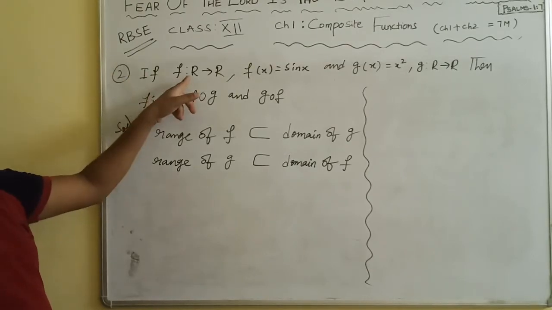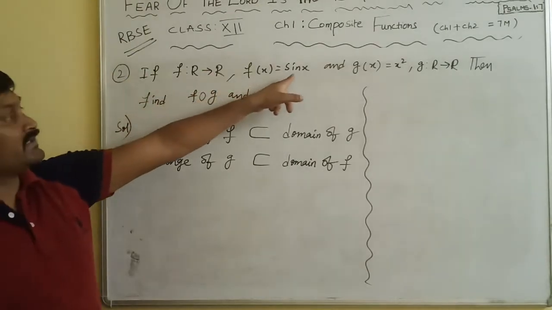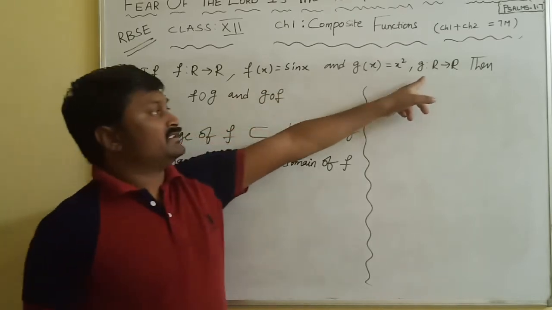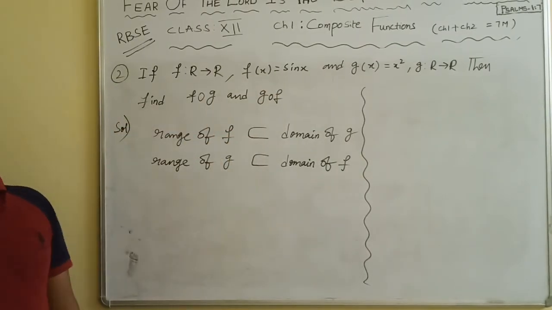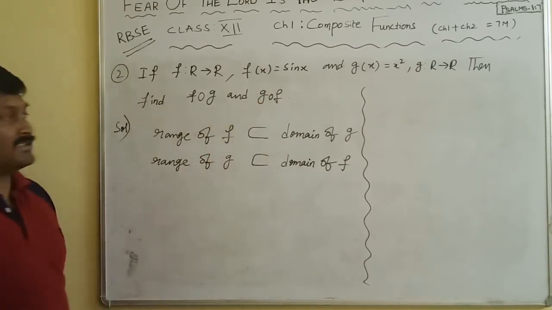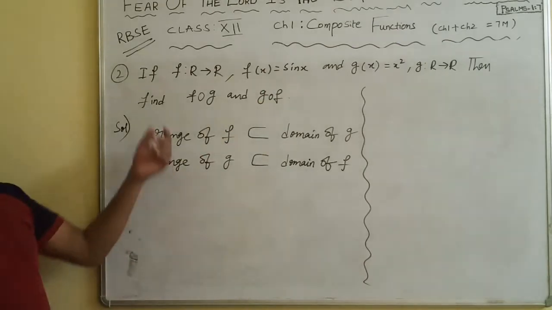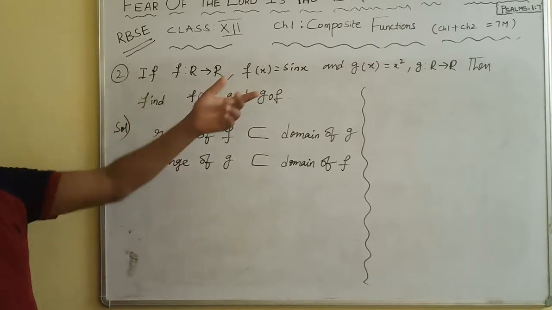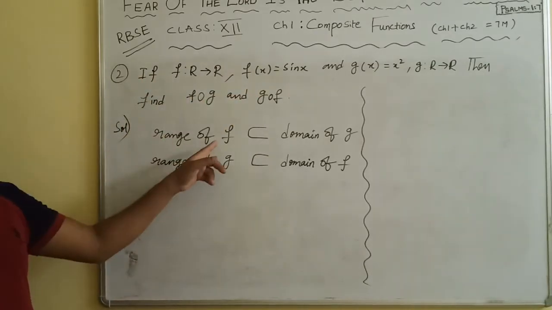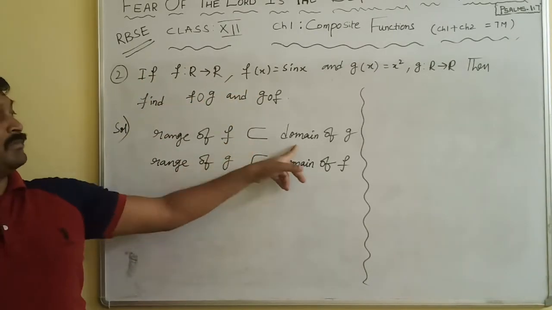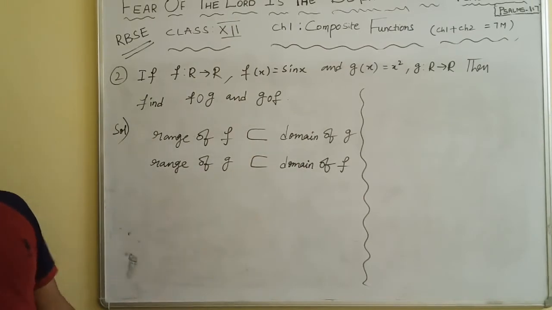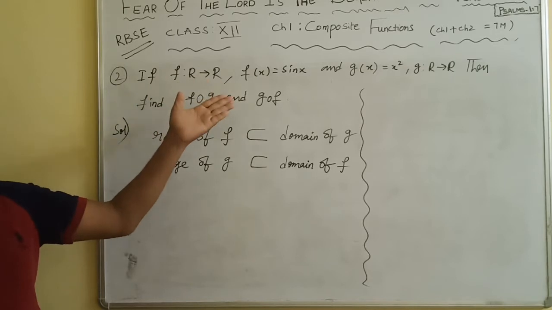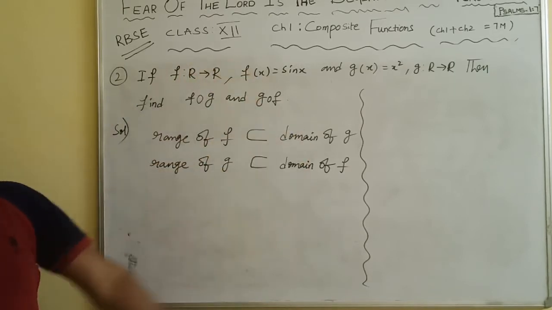If f maps R to R, f of x is equal to sin x, and g of x is equal to x square, find F circle G and G circle F. How to find this? First, you observe here that the range of F is a subset of the domain of G. Just check carefully: this is real number to real number, and that is also real number to real number.